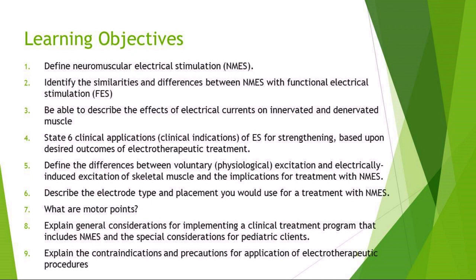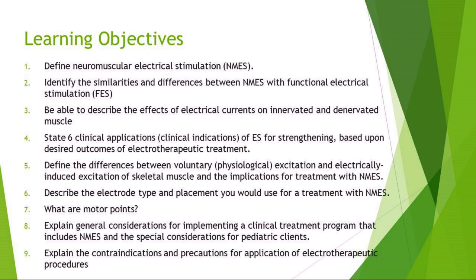So are we stimming the muscle through the nerve, which is closer to the physiological reaction, and we're going to review that anatomy and physiology a little bit, or are we stimming the muscle directly because it doesn't have a nerve? You should be able to state 6 clinical applications or clinical indications for electrical stim for strengthening, based upon the desired outcomes of your electrotherapeutic treatment.